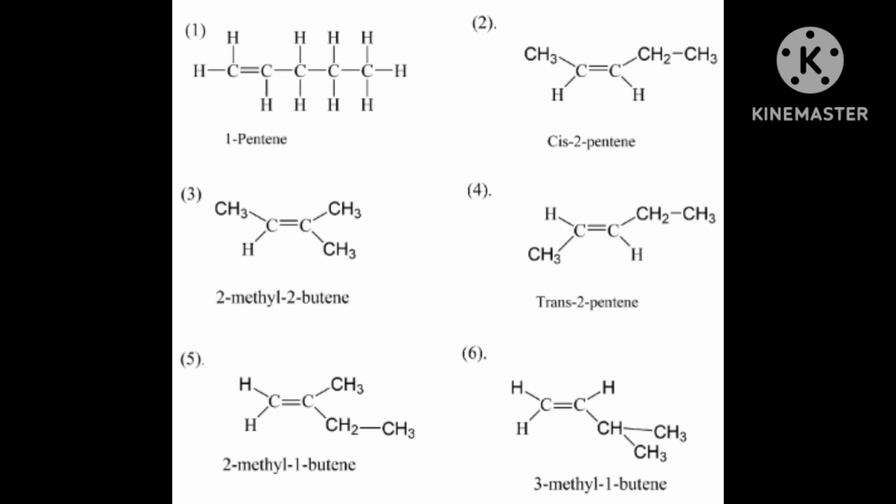Alkenes possessing C4H8 as molecular formula, then 4 carbons is there, and they have these isomers. The first isomer you can write is where carbon number 1 has a double bond.